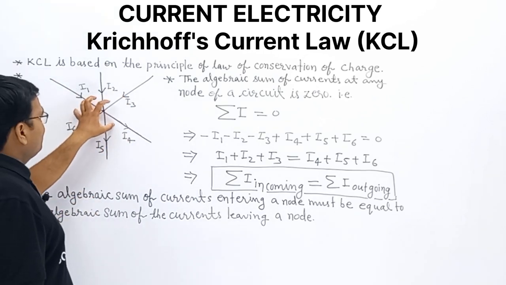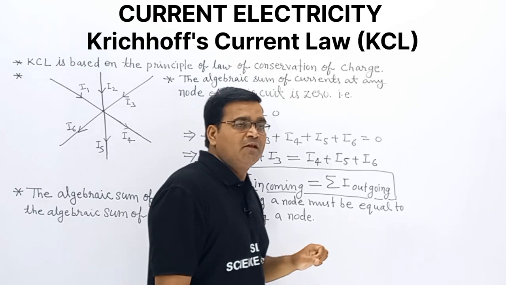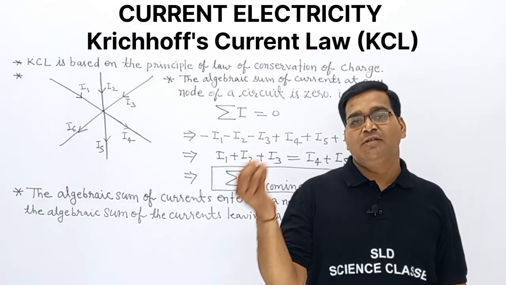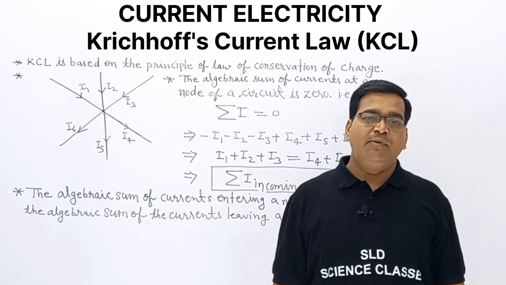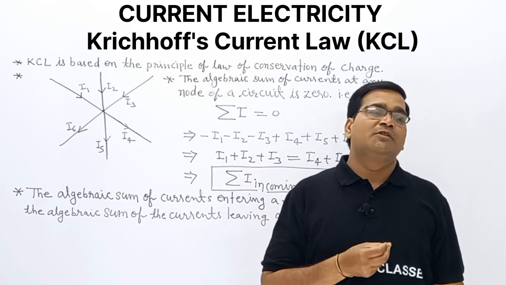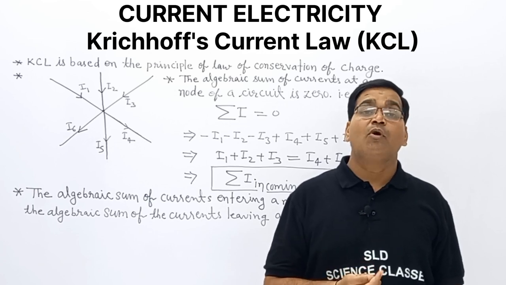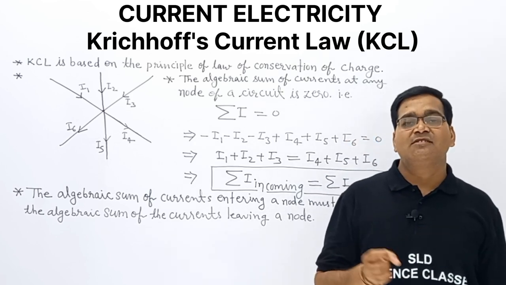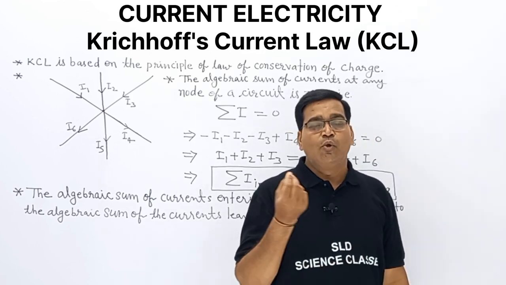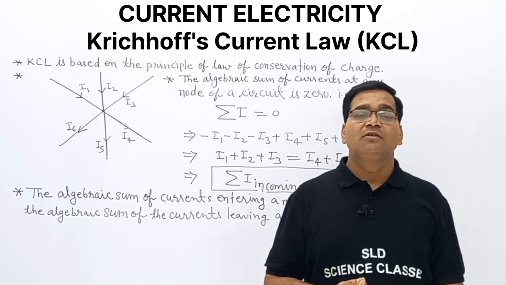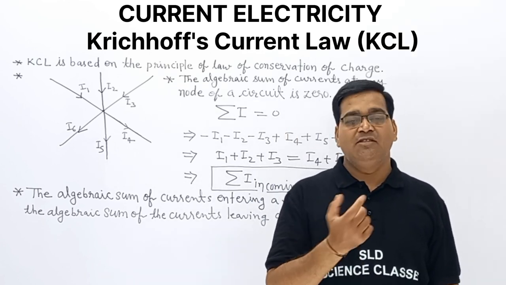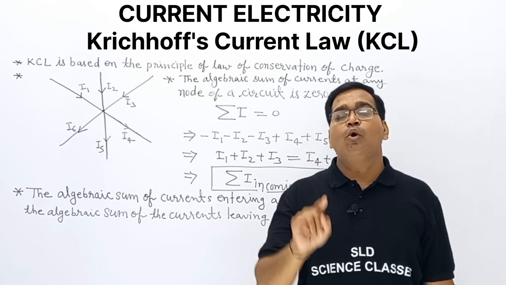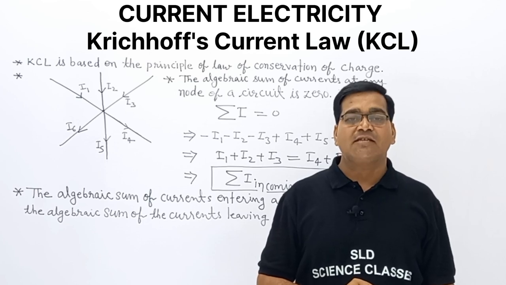Now, when we use this law in a circuit, we have nodes or junctions. A node or junction has three or more intersecting branches. A node or junction is a point where two or more branches are intersecting.